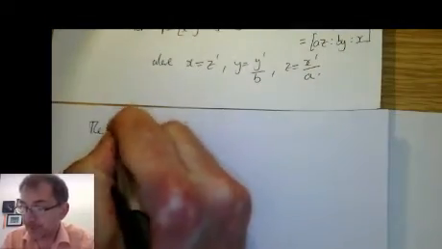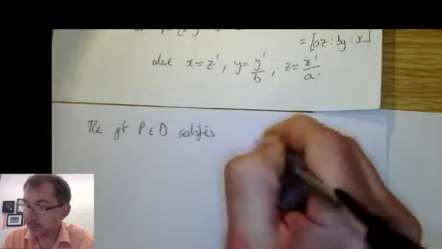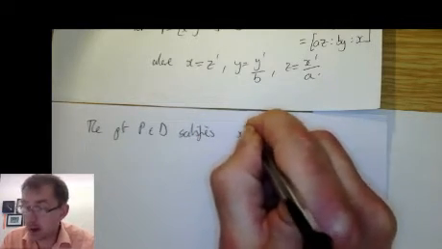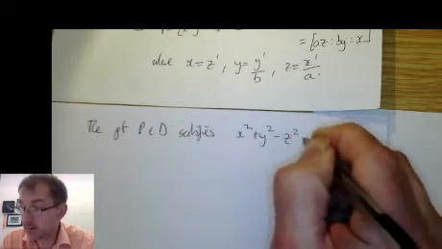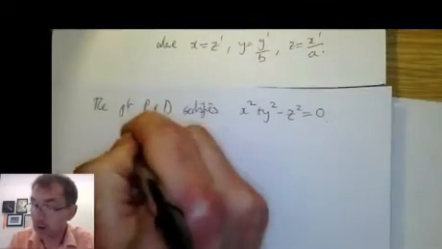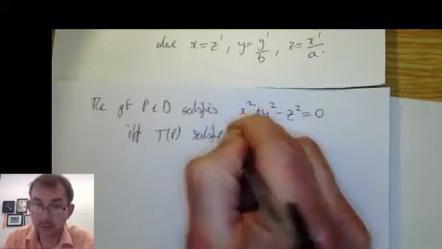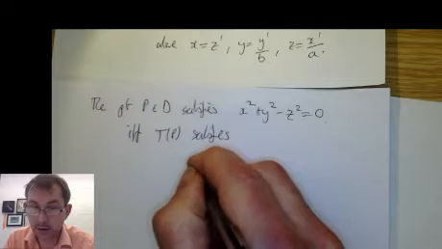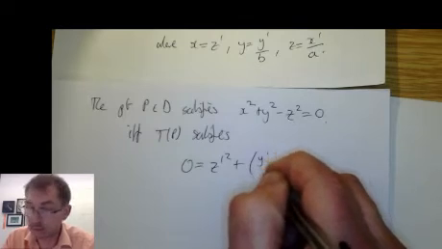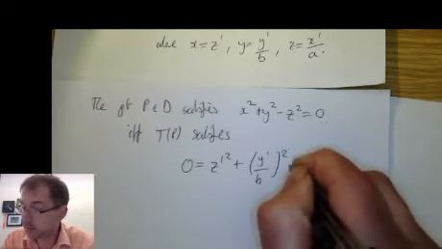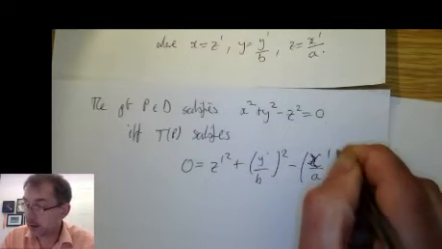And then the point P in D satisfies x squared plus y squared minus z squared equals 0 if and only if T of P satisfies, well, you just plug them in, you get 0 equals z dashed squared plus y dashed over b all squared minus x dashed over a all squared.